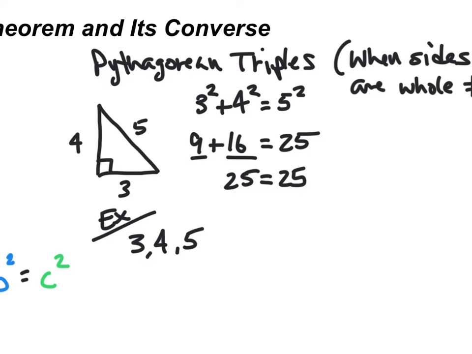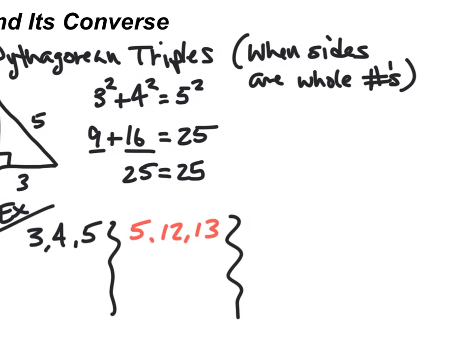Another one would be a 5, 12, 13 Pythagorean triple. Okay, another one would be 8, 15, 17.